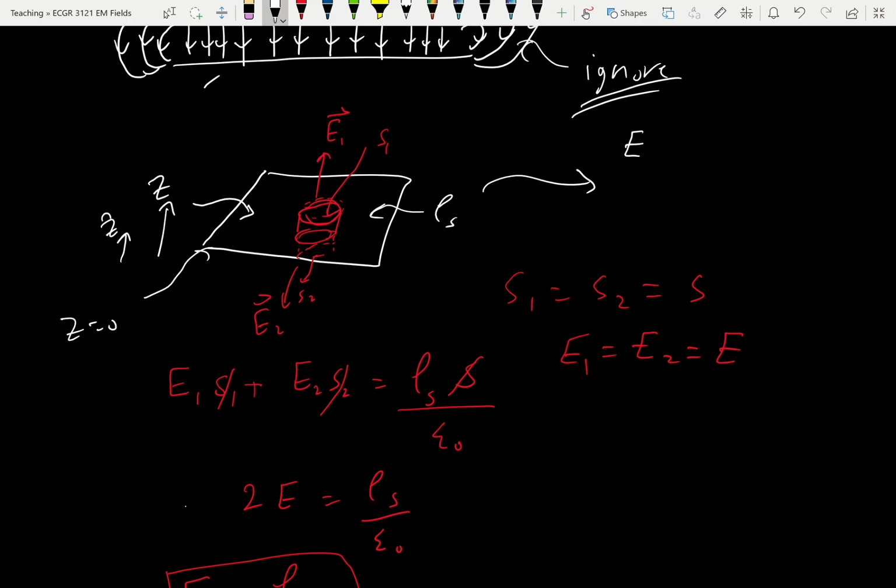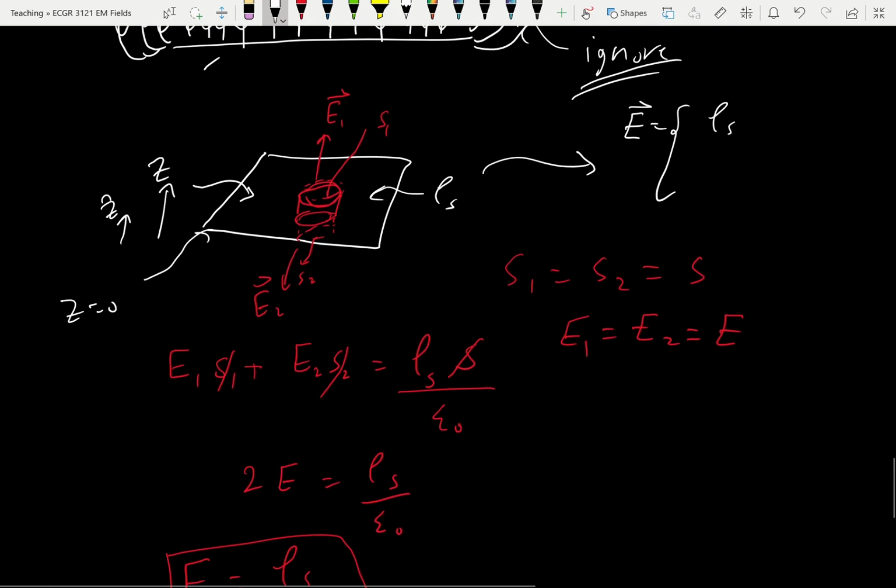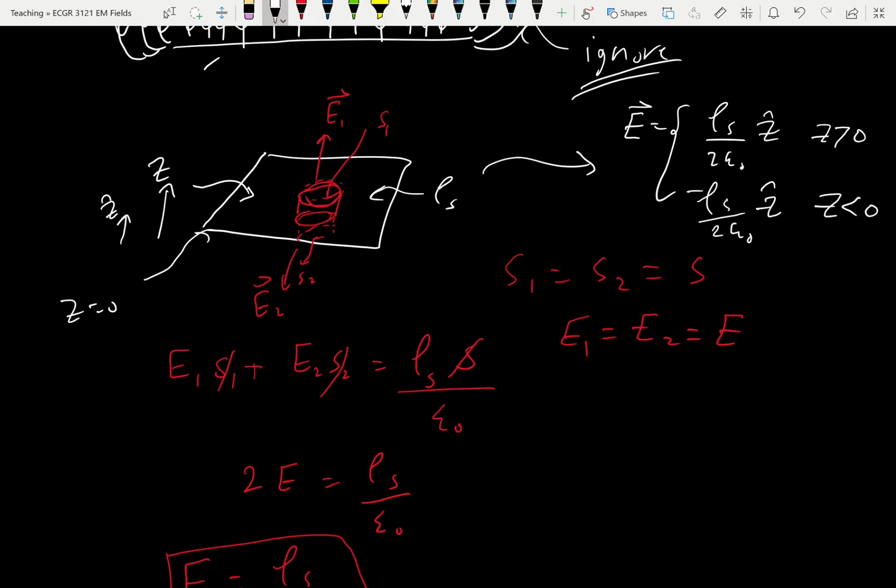That tells me that E equals rho s over 2 epsilon naught z hat if z is larger than 0, or minus rho s over 2 epsilon naught z hat if z is less than 0. So the field is either in the z hat direction or the minus z hat direction.